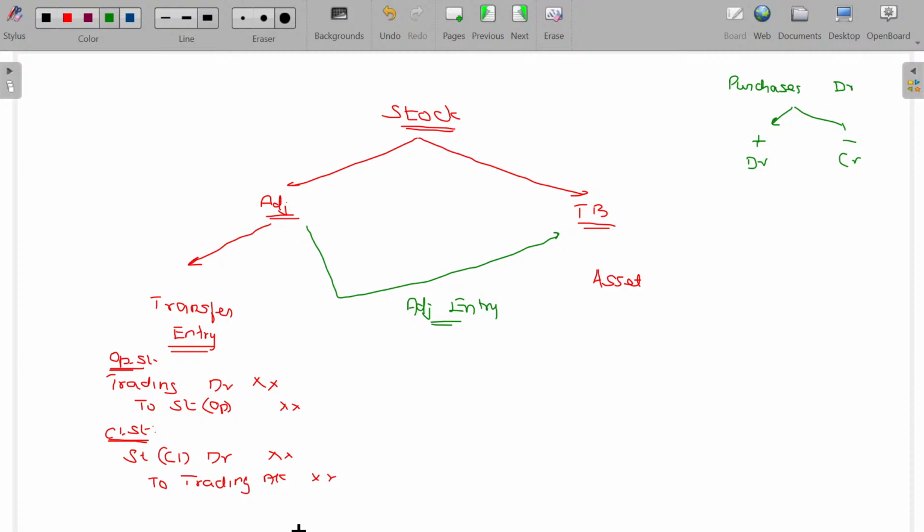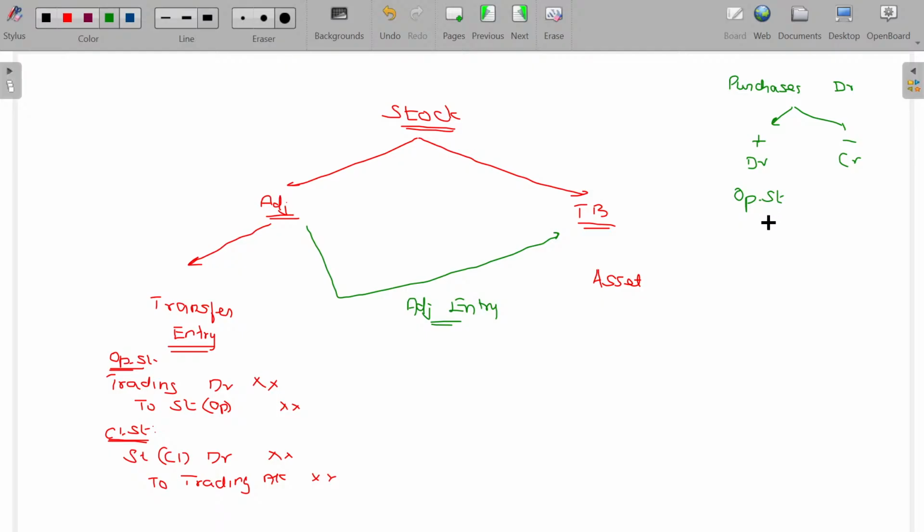Already purchases shows 1 lakh rupees in debit balance. Further debiting another 10,000 raises the purchases balance by 10,000, to 1 lakh 10,000. If I am subtracting 15, that 1 lakh is now subtracted by 15, thereafter it's 85,000 rupees. Is that clear? Opening stock is usually added to purchases.